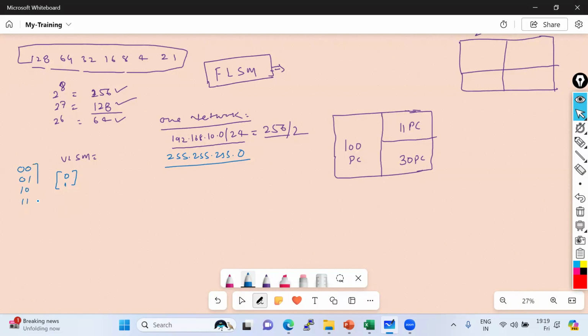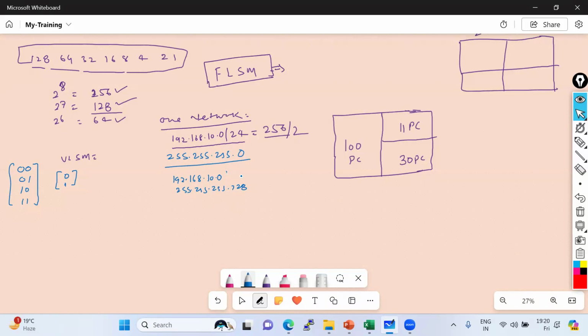We take 1 bit to divide into 2 networks. So the first network is 192.168.10.0, and the subnet mask, since we borrow 1 bit, is 255.255.255.128. This is the first network.